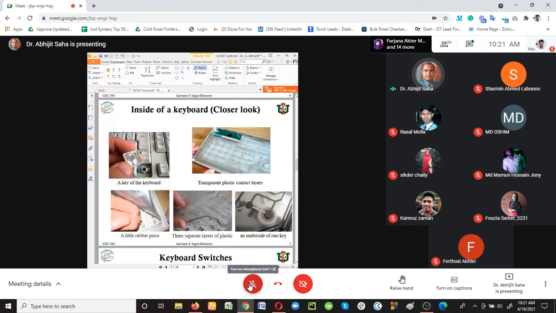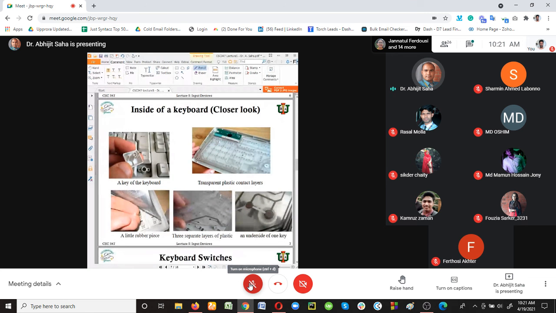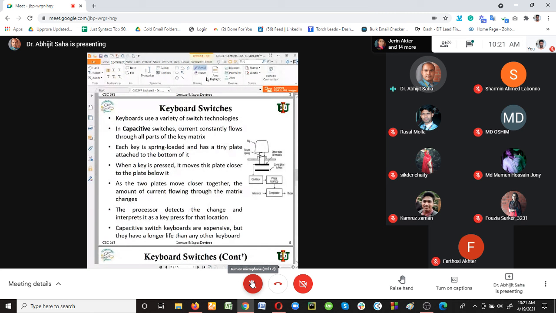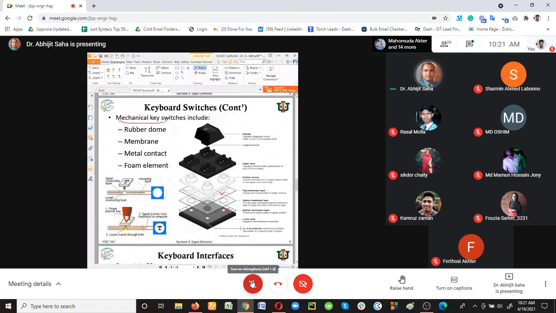You should know how a keyboard works. For that you need a very good idea about the keyboard switch and how it works. There are different types of switch, like the capacitive switch and the mechanical key switch. So it's better to study this information and the working procedures of the keyboard.